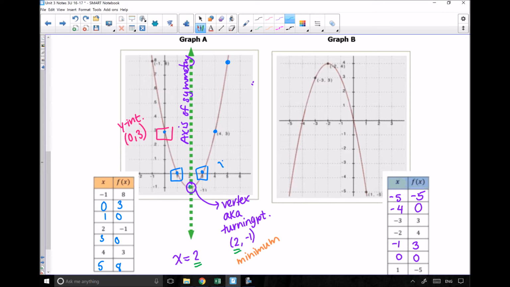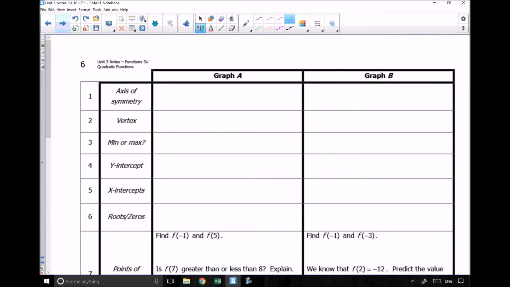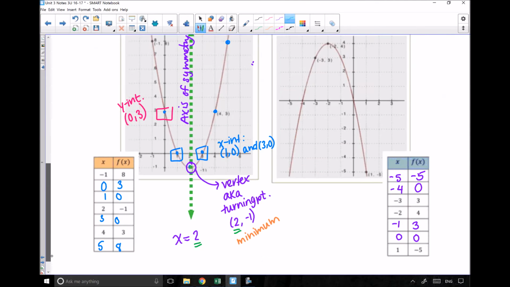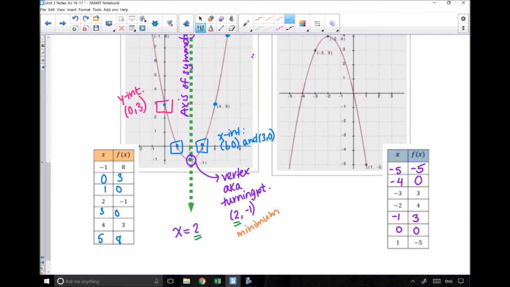So that means that I've got 2 x-intercepts in this example, and my x-intercepts are 1, 0 and 3, 0. And then lastly, the last thing I wanted to talk about were your roots or your zeros. Your roots or your zeros are simply where your x-intercepts are, but they're only the x values. So my roots would be 1 and 3, as opposed to an x-intercept where it's an entire coordinate.